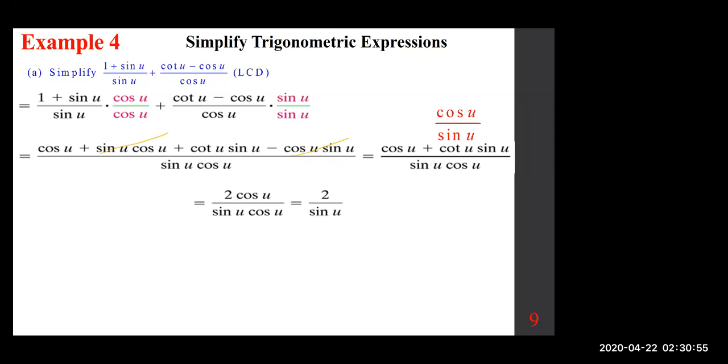So when we multiply cosine u over sine u by sine u, the sine u drops. I hope everybody can see what happens here. So you end up with cosine u plus cosine u, and that means 2 cosine u over sine u cosine u. You get rid of the cosine, and 2 over sine u becomes a cosecant, class. So 2 cosecant u. Sounds good?